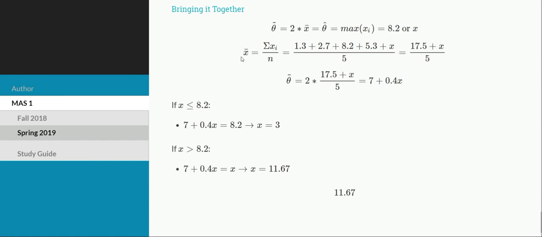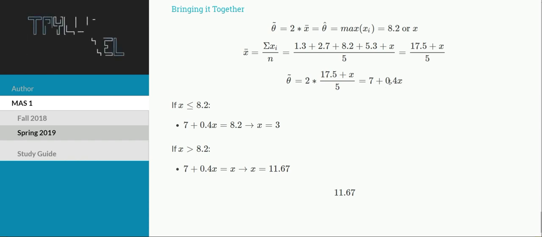So first off, what is x bar? It's the summation of all the points divided by the sample size, and that works out to be (17.5 plus x) over 5. Theta tilde is 2 times the average, so multiplying by 2 and simplifying, we get 7 plus 0.4x.